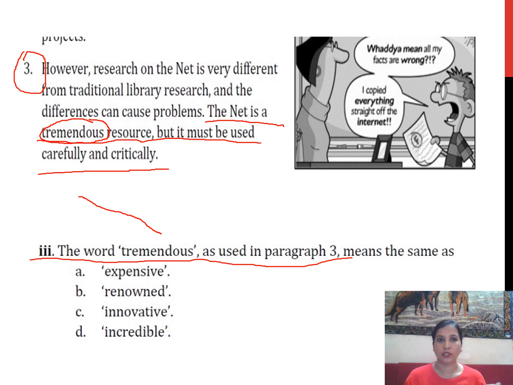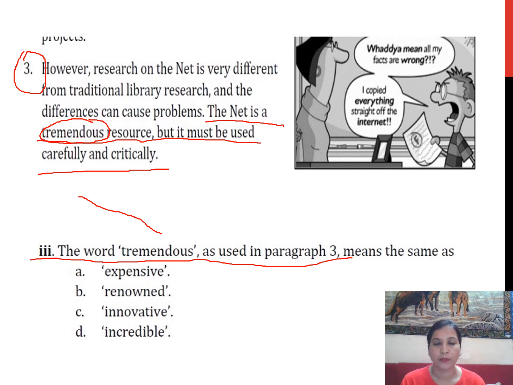It is not making sense, because we are saying it is expensive, along with that we are saying but it must be used carefully and critically. It should have been like the net is an expensive resource and it should be used carefully and critically, but the statement is but it must be used carefully and critically. So the first option is not fitting here correctly, so we dismiss it.